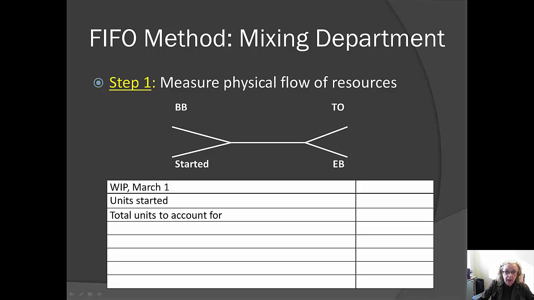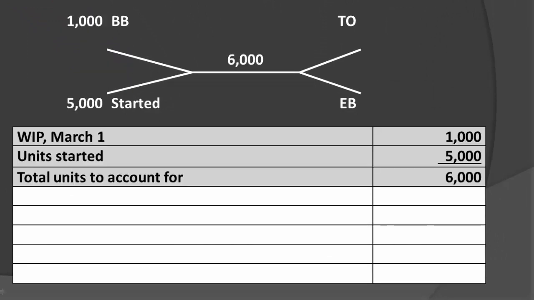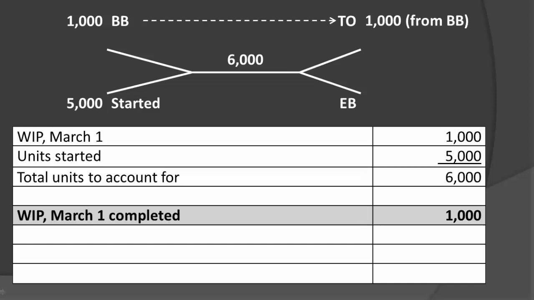Go from what you know to what you don't know. We were told that there was a beginning balance of 1,000 units and that 5,000 additional units were started during the period. This gives us a total of 6,000 units that we need to explain. Now, what do we know for sure? We know a couple of things. We know that the 1,000 units that were already in work in process will be finished before any new units are started.